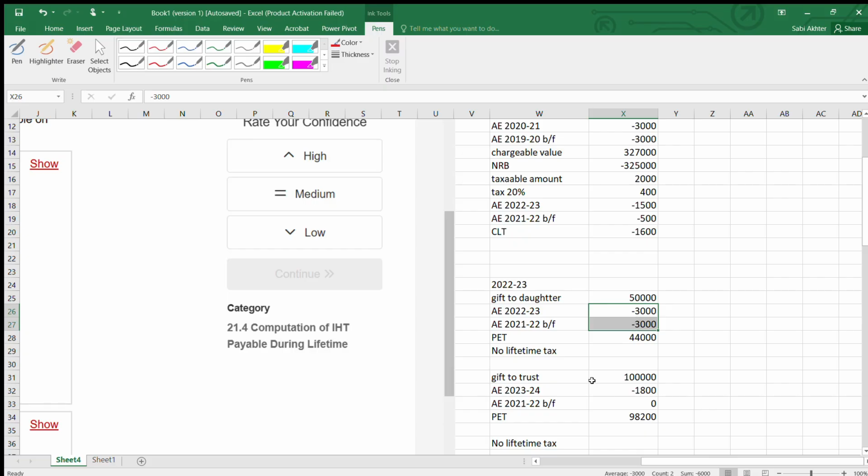So we have nothing to deduct. It would be 0 for 22-23, and 23-24 is also 0, and here the chargeable amount is 100.